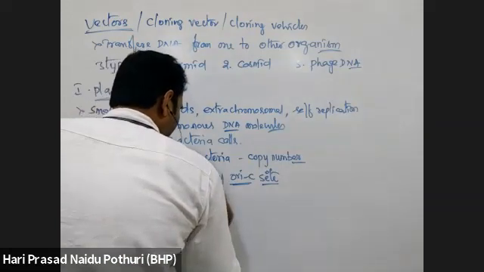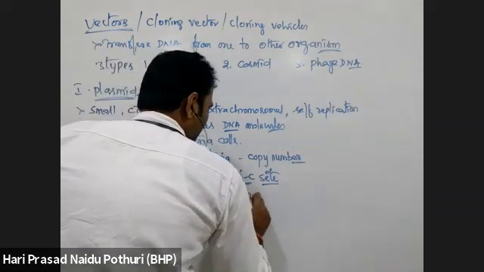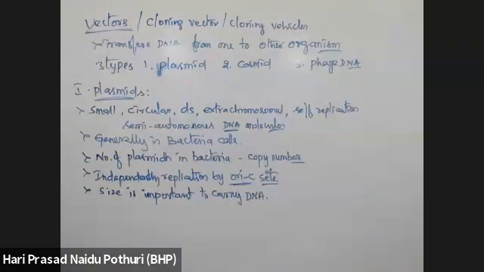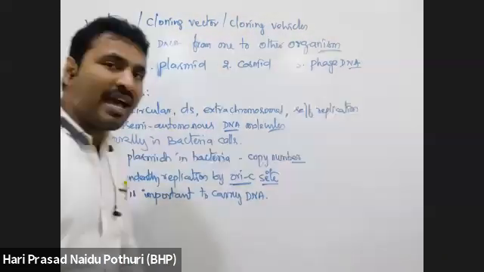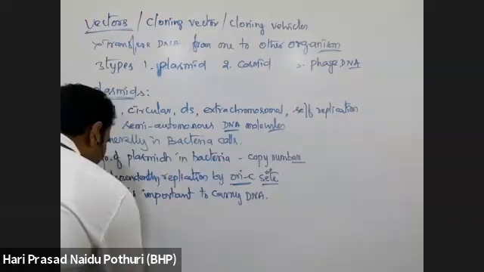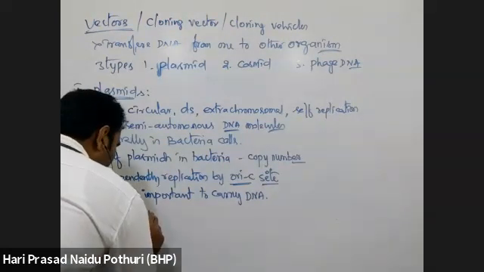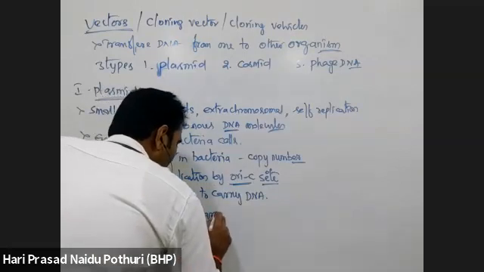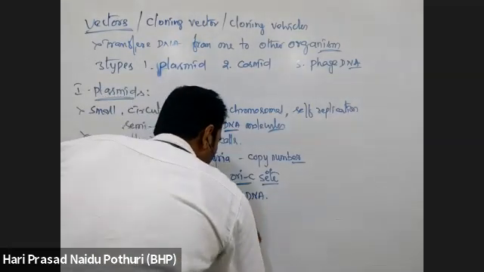Size is important to carry DNA. How is size responsible for carrying DNA? If a plasmid has a small size, then it can carry long DNA. Small plasmids carry more DNA.